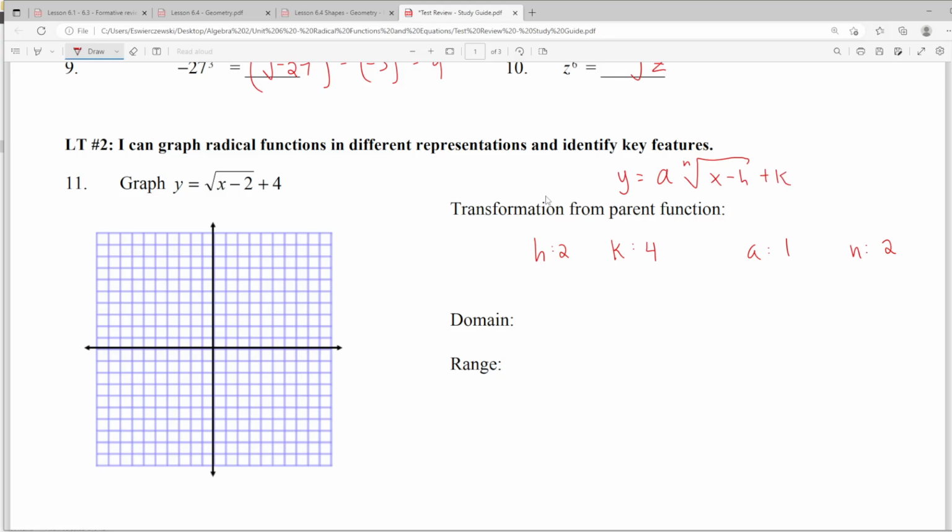Remember, it's centered at h, k, so that would be 2, 4. And my graph will look something like this. So now the domain is going to be from 2 to positive infinity, and the range will be from 4 to positive infinity.